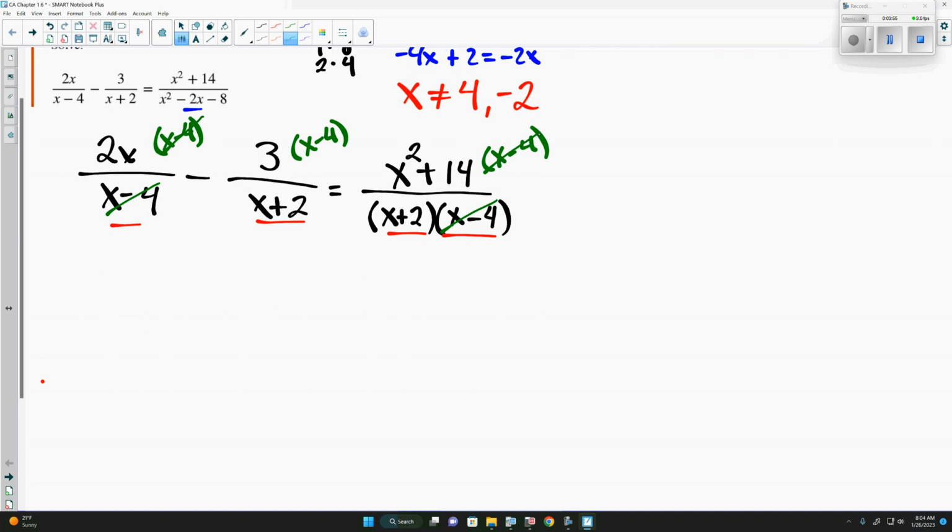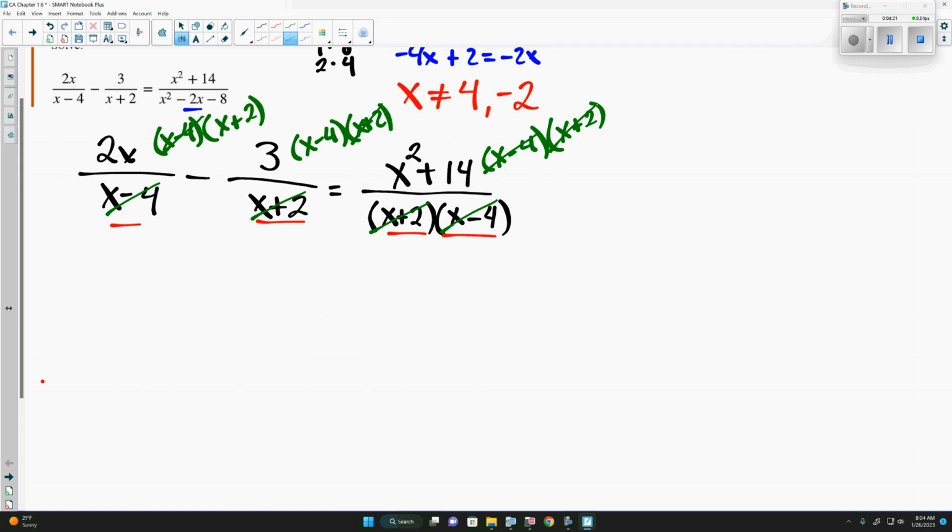Well, no, the middle one has x plus 2. And if we multiplied it by x plus 2, those would cancel. But if we do it to one, we've got to do it to all of them. And luckily for us, over here on the right, those will cancel as well. Questions on what we did there?